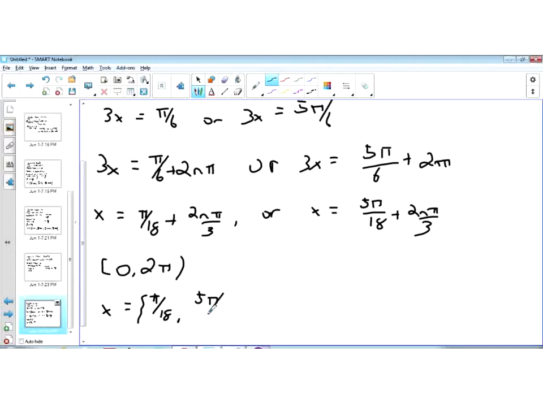So those two numbers are in the interval. As long as it's less than 36 pi over 18, we're good, right? And greater than 0. Okay, so if n is equal to 1, that would be 13 pi over 18 for that one. And if n equals 1 here, that would be 17 pi over 18.